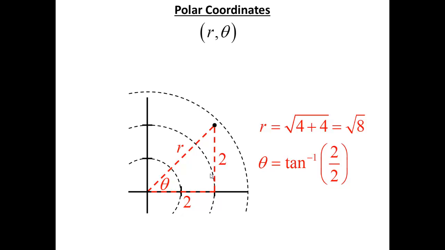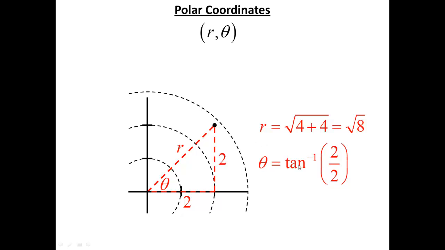Second or third quadrant, I would have to make a 180-degree adjustment. Fourth quadrant, a 360-degree adjustment. With polar, though, we typically default to radians, so instead of a 180-degree adjustment, I would make an adjustment of pi. 360 becomes 2 pi. So everything from this point forward, unless you're told otherwise, is going to be in radians.